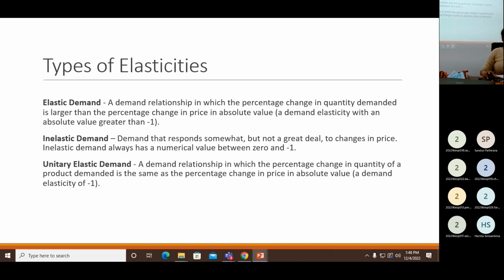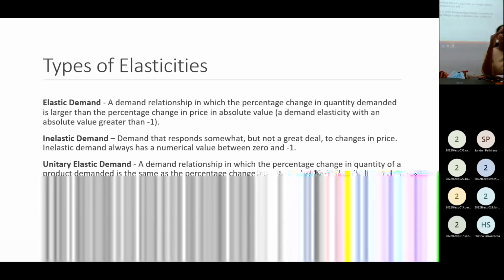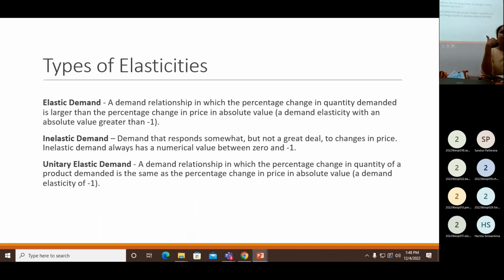Okay. On the other side, inelastic demand. Inelastic demand means it's not perfectly inelastic, but inelastic in the sense that if your price changes by 1 unit, your demand drops, but by a very small percentage. Let's say your price increased by 5 rupees, but quantity demanded drops by only 10 units.